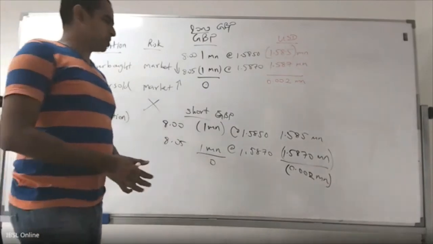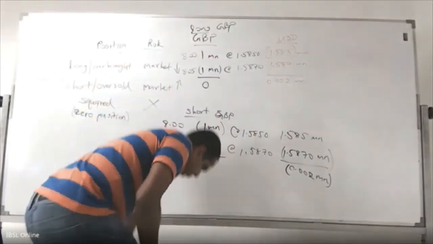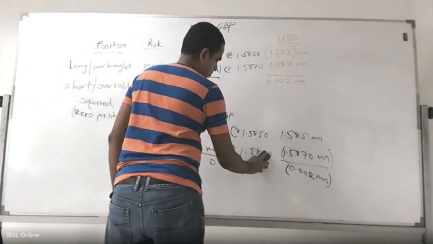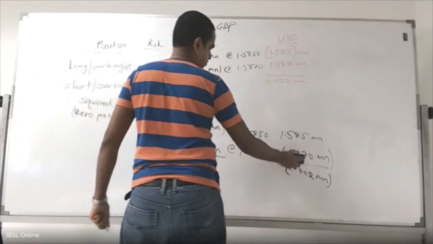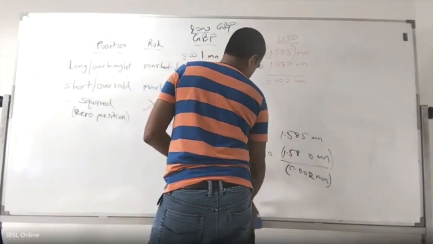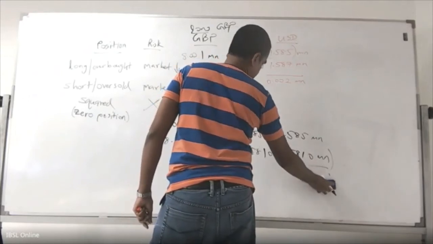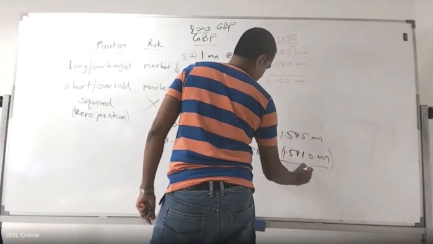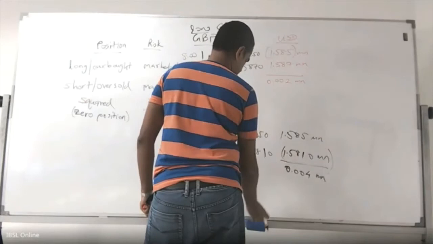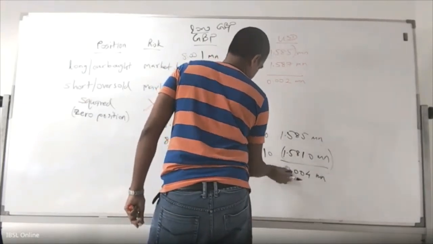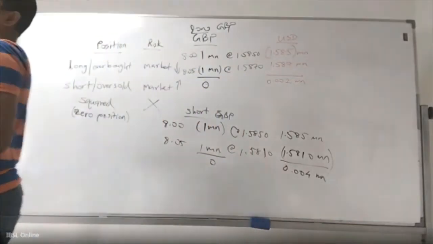So, for example, if this had been 158.10, you only need $1.581 million, and you will make a profit of 4,000. Is that clear?